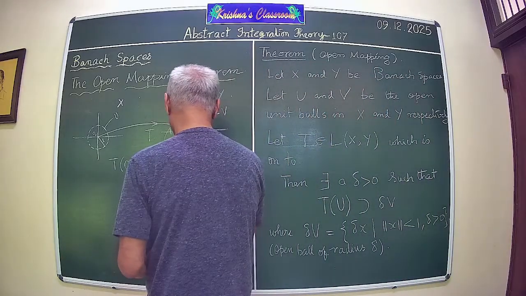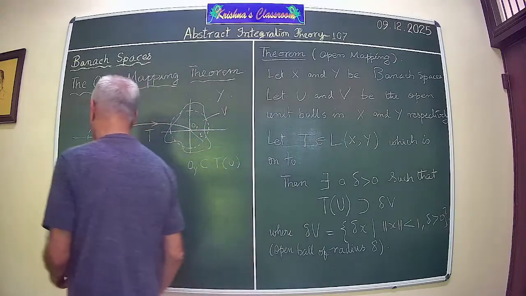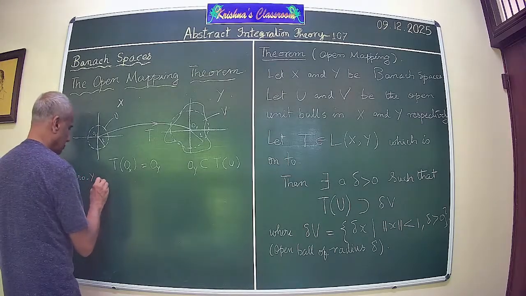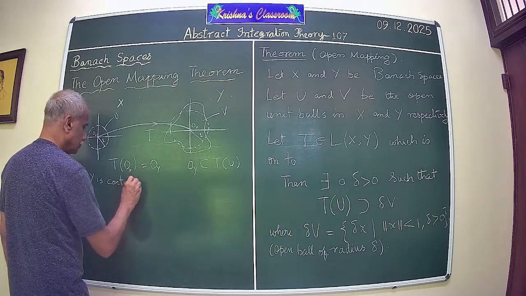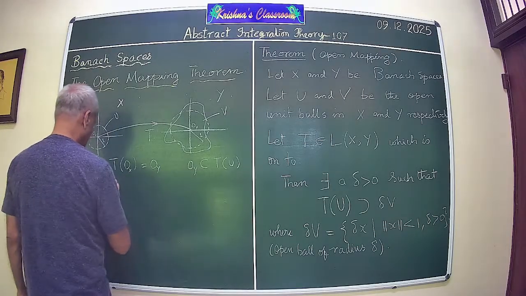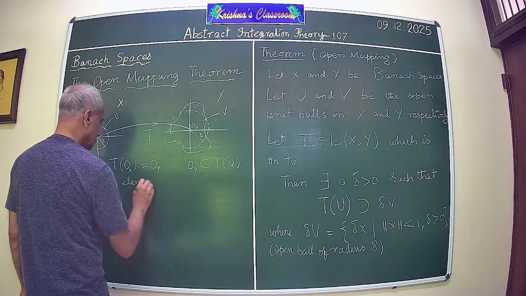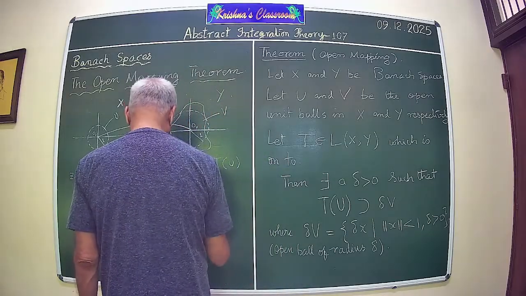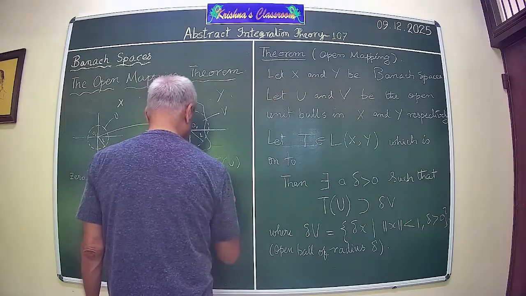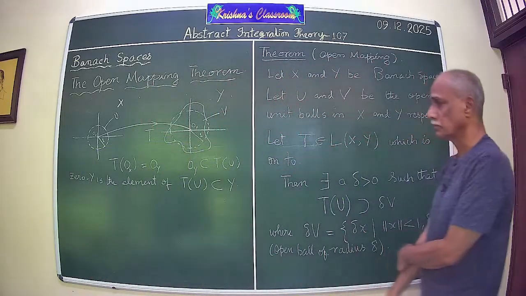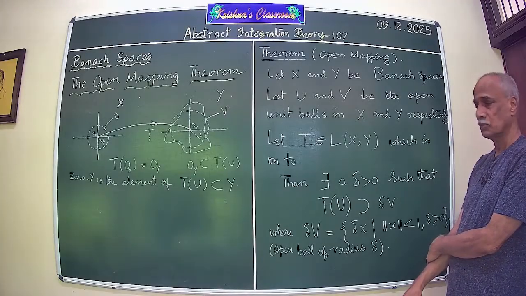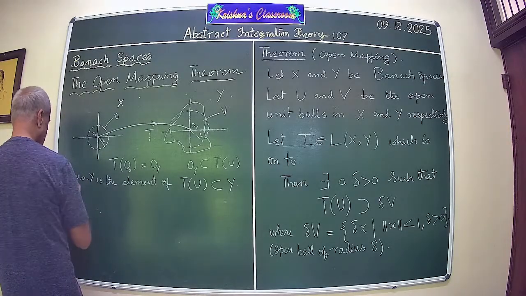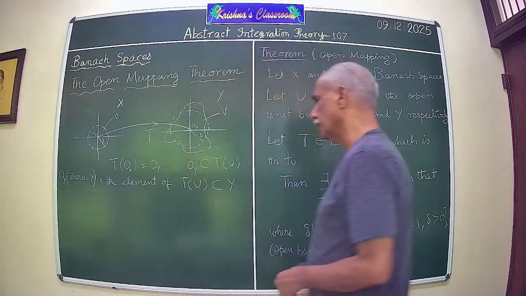It's not O Y, this is 0 Y. So 0 Y is an element of T(U).